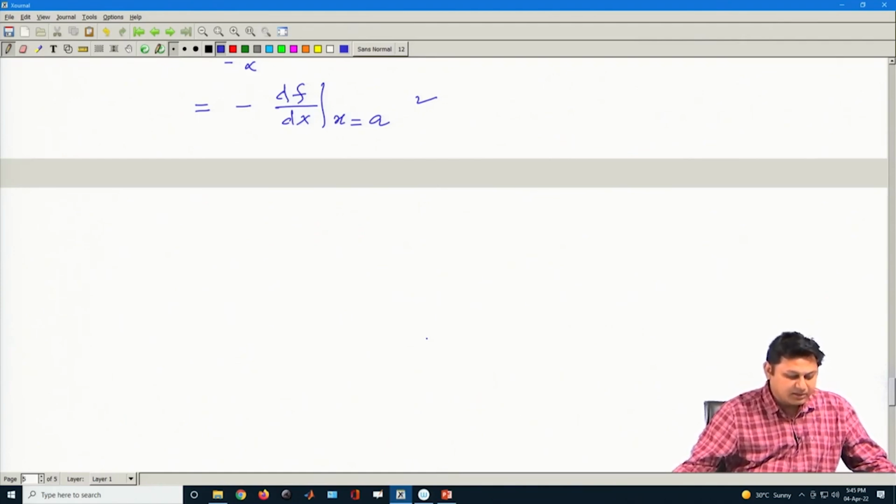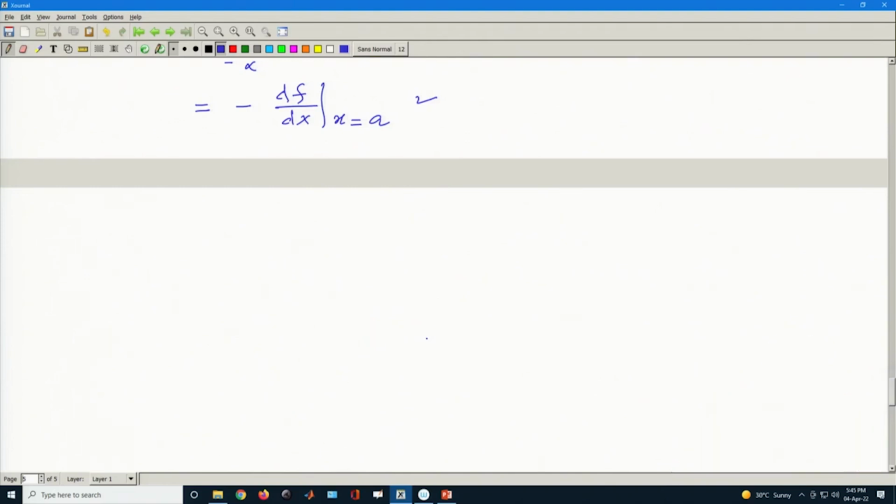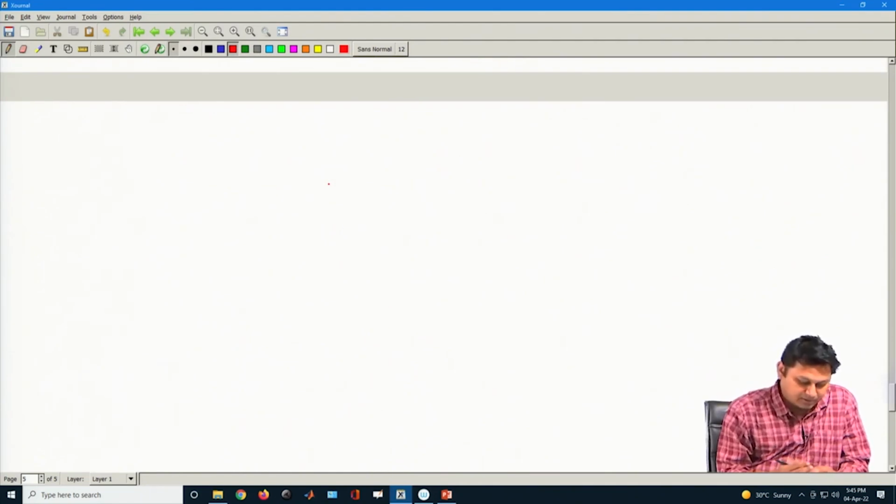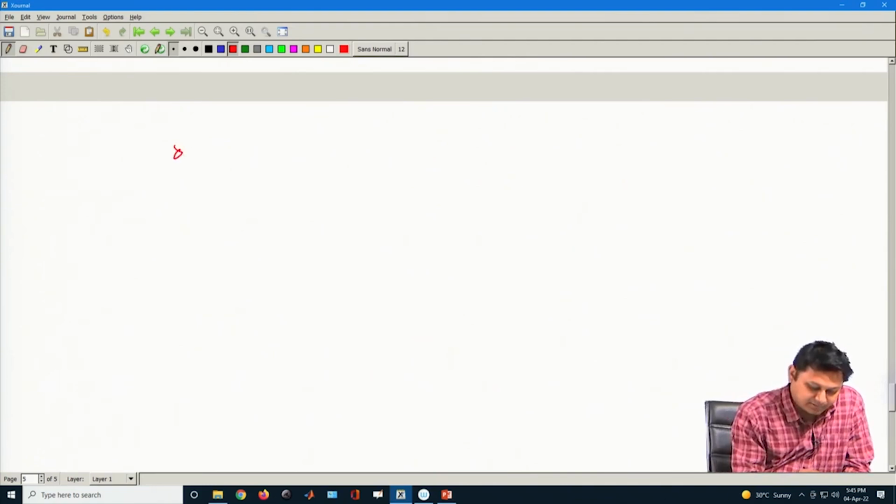Now, before concluding, I would like to show a very important identity. We already mentioned that delta(x) is equal to the limit n tends to infinity of sine(nx) divided by pi x.